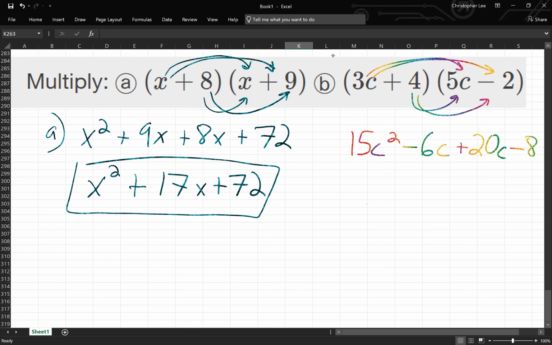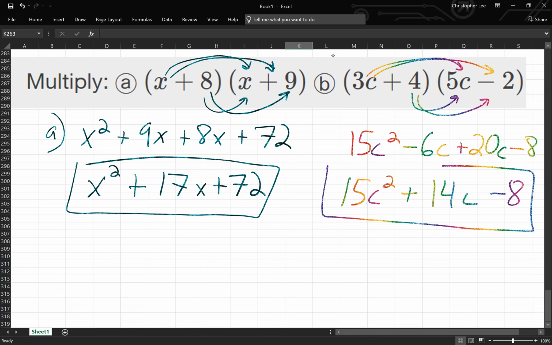After that, I want to combine like terms, a fancy way of saying add. So I'm going to get 15c squared plus, and then 20 minus 6, what's that, 14c minus 8. And this will be my final answer.